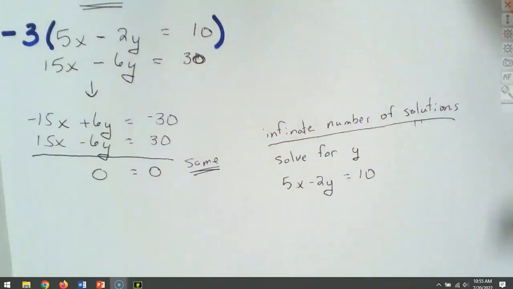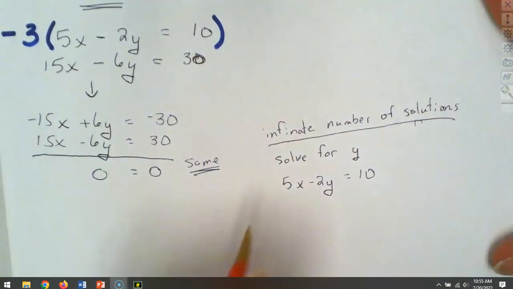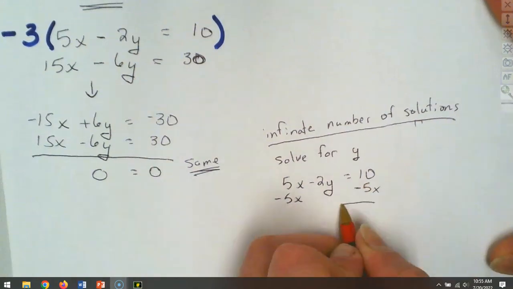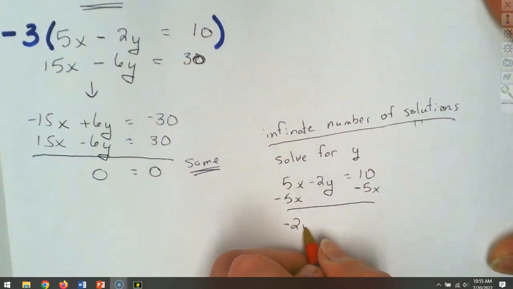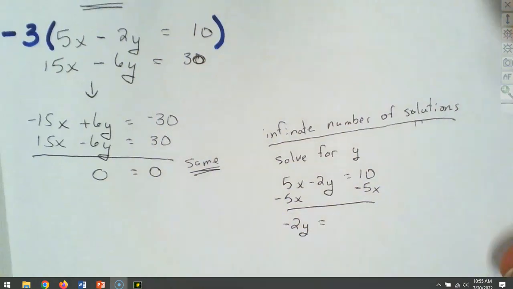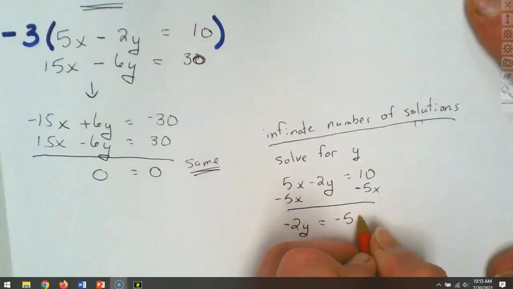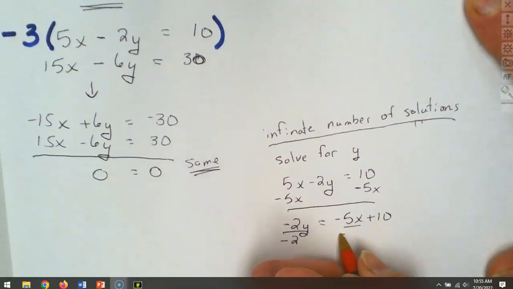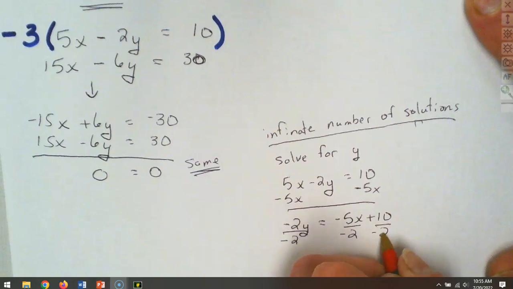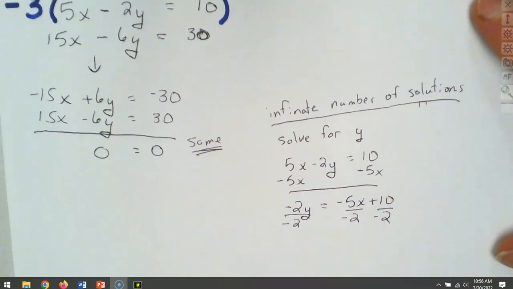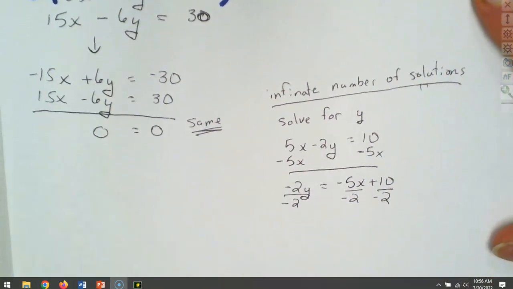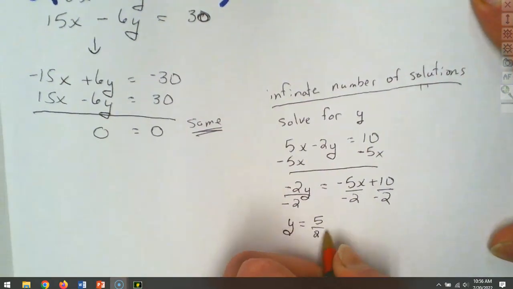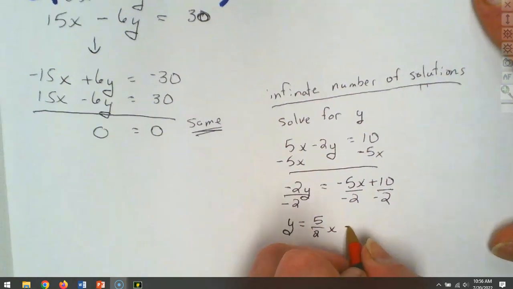So I'm going to take that first equation, and I'm going to go ahead and solve it for y. So that gives you a minus 2y equals now a minus 5x plus 10. We'll divide by our negative 2. So you're basically getting this in slope-intercept form. And that gives you now y equals 5 halves x minus 5.